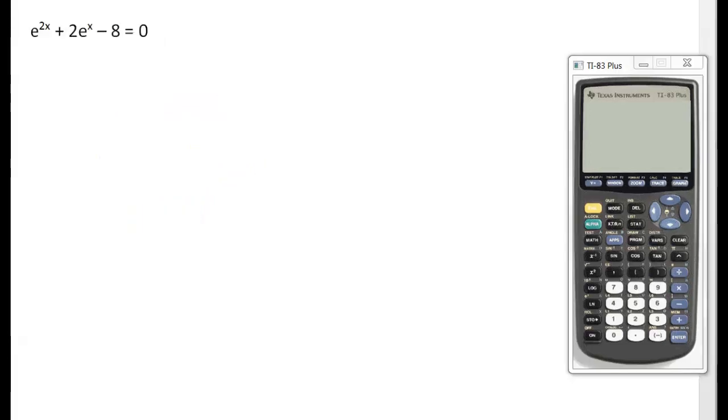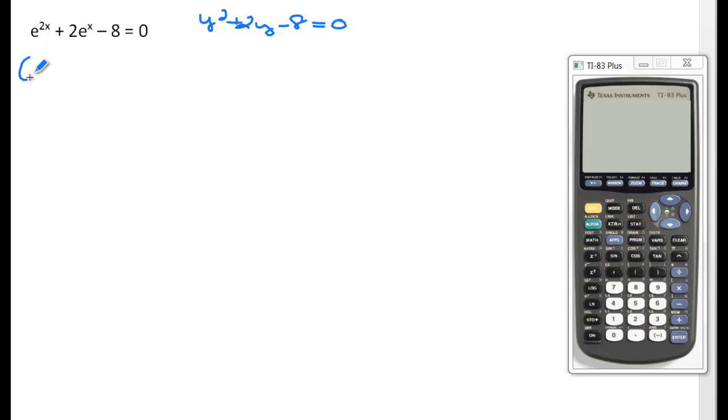And don't let this next equation scare you. It looks suspiciously like y squared plus 2y minus 8 equals 0. So we can factor that.